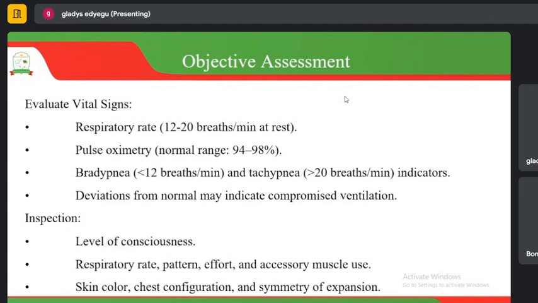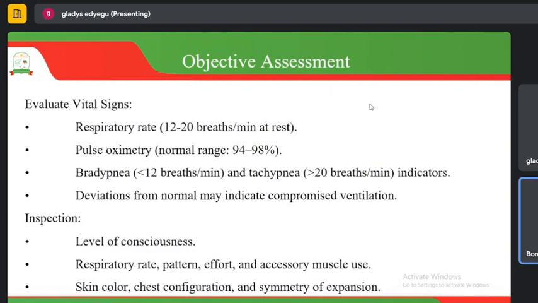But according to the ranges, we look at 94 to 98%. So when your patient comes and is below 94, that means this patient needs an intervention and may end up being put on oxygen therapy. And I believe that's what we have been doing. Am I right? Yes, you're right.